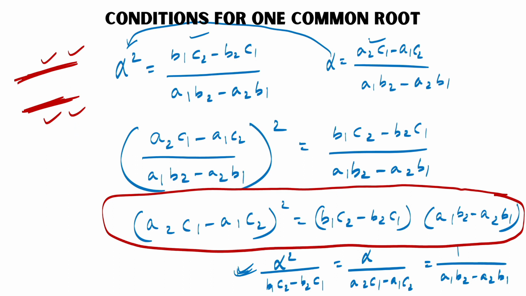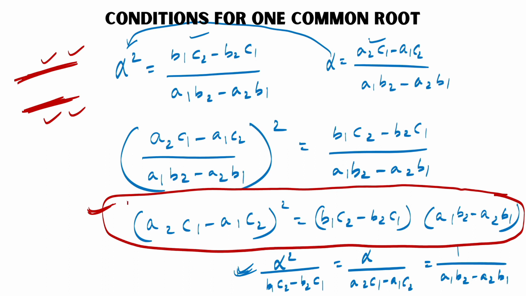Among those four roots, if one root from one equation and one root from another equation are equal, then it must satisfy this condition. If the two roots satisfy this condition, then the two equations have one common root.